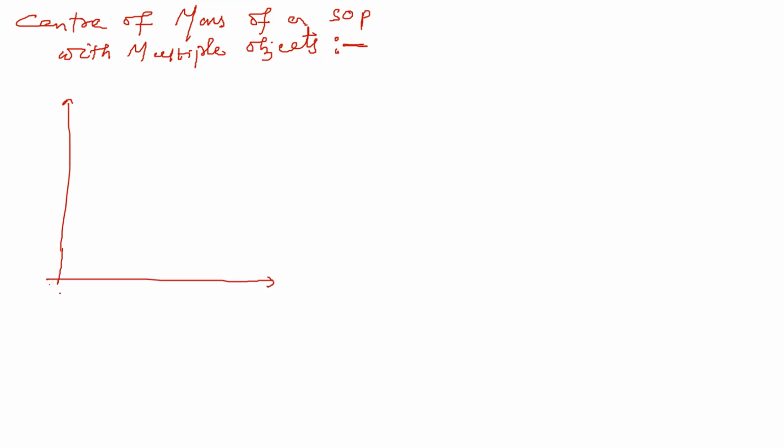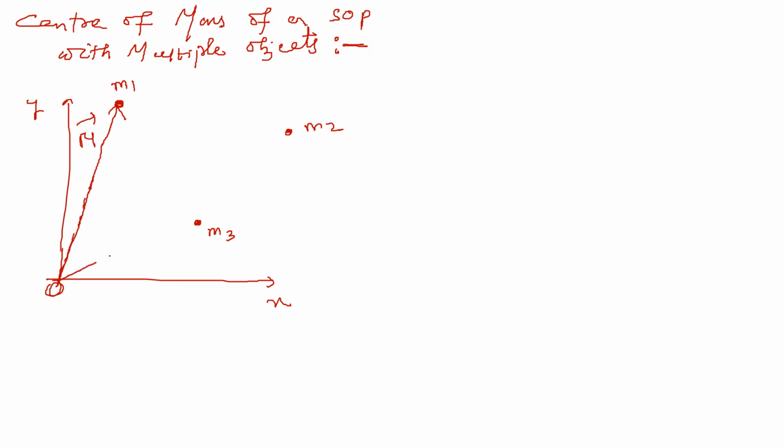This is the origin. Let this be the y-axis and this the x-axis. Let there be a point mass whose mass is m1, another point mass whose mass is m2, and another point mass whose mass is m3. The position vector of m1 with respect to origin, with the arrow in this direction, is r1.